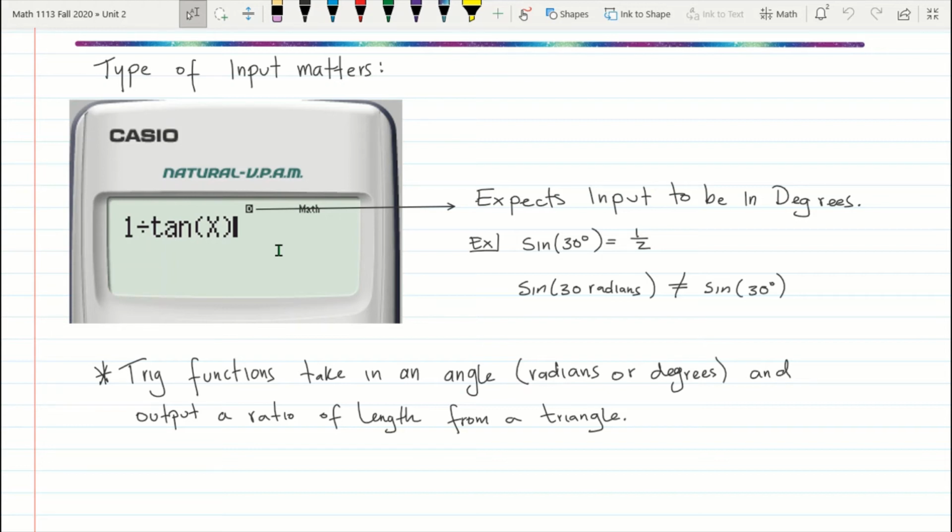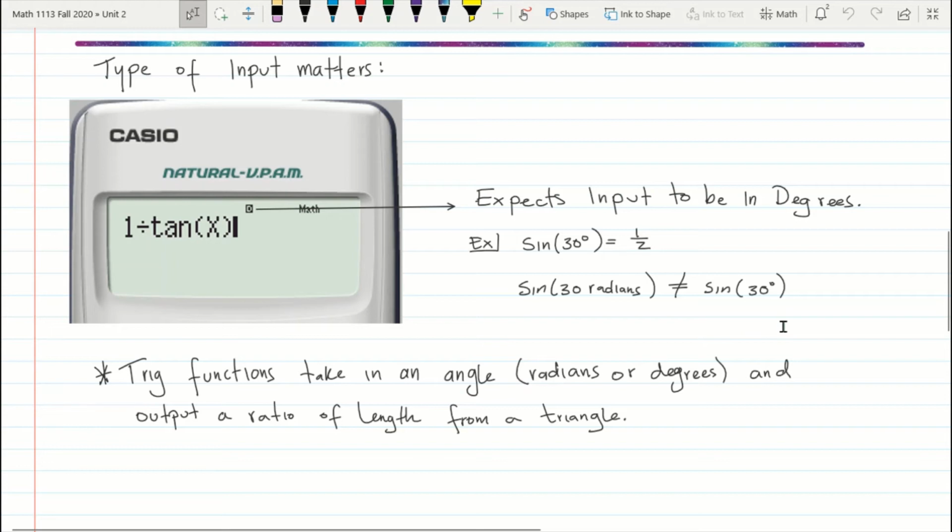Your output is still going to go through, but the answer is going to be different from the correct answer. My example here says sine of 30 equals 1/2. That's true if the input is in degrees, because sine of 30 radians is not going to be the same as sine of 30 degrees.